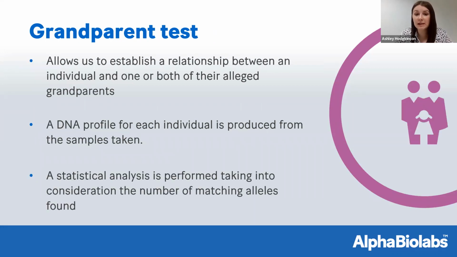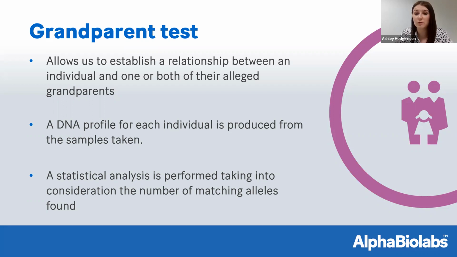And for grandparent testing, either we can test one single grandparent on their own or both if they're available. So again, if the alleged father's unavailable or unwilling, his parents can also be tested against the child to establish a relationship. As always, we'd want mum's sample where available, and you must be sure that they are the alleged father's biological parents.